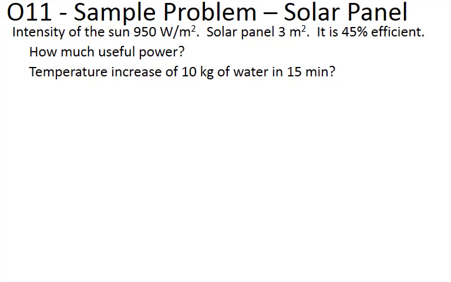The value you're going to need for this is the specific heat capacity, 4186 joules per kilogram degrees Celsius. Go ahead and pause the clip and give this a try, and when you're ready to check, you can hit play to continue.